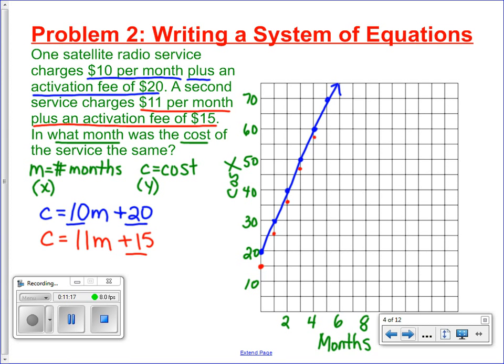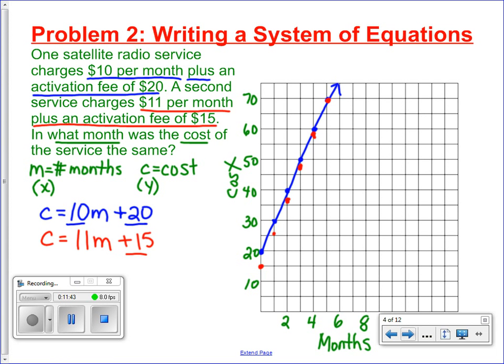Let's see. 15 and 11 is 26, and 11 is 37. That should probably be up a little bit higher. And 11 is 48, so a little higher. And 11 is 59, so it should be almost right here. And then another 11 would put it right here.